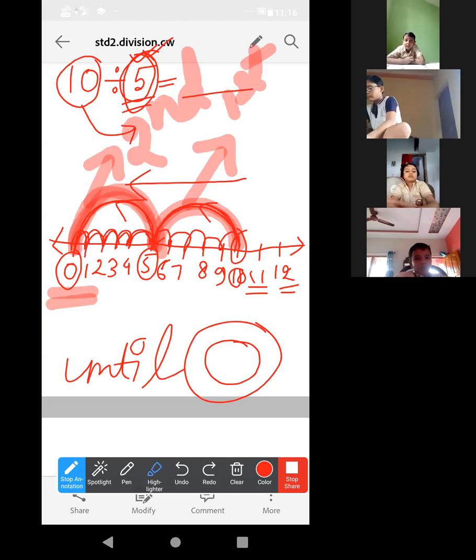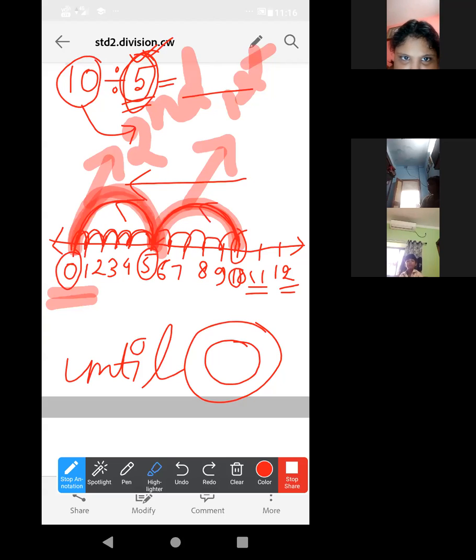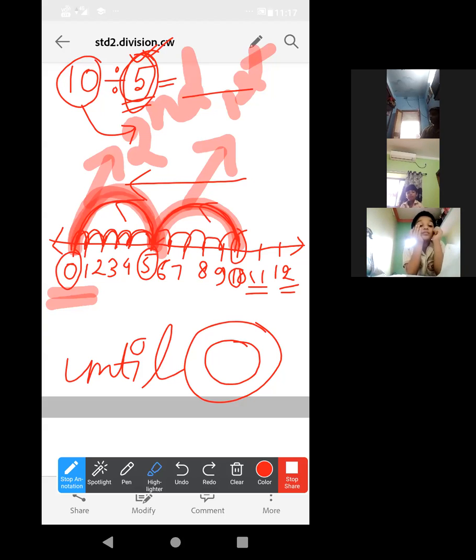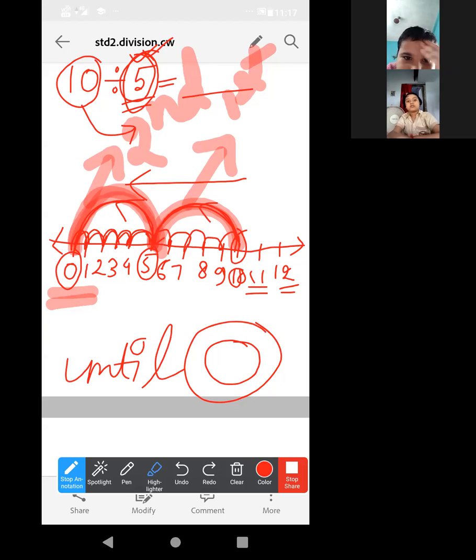Shake your head if it is clear. Yes or no? Okay, good. No need to shake your head in this way. I have seen.